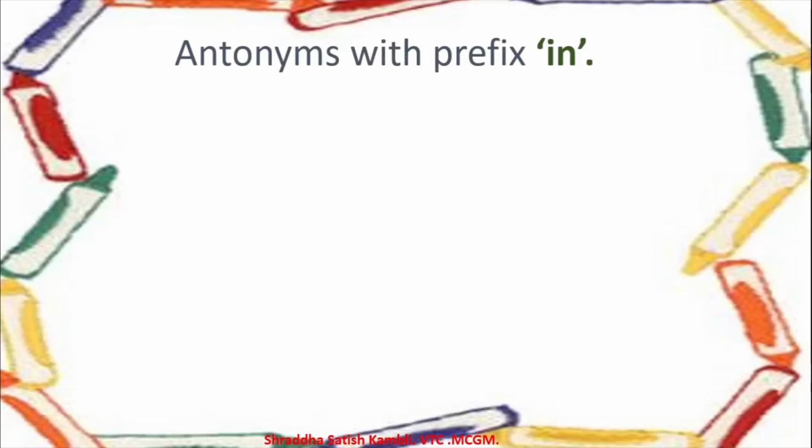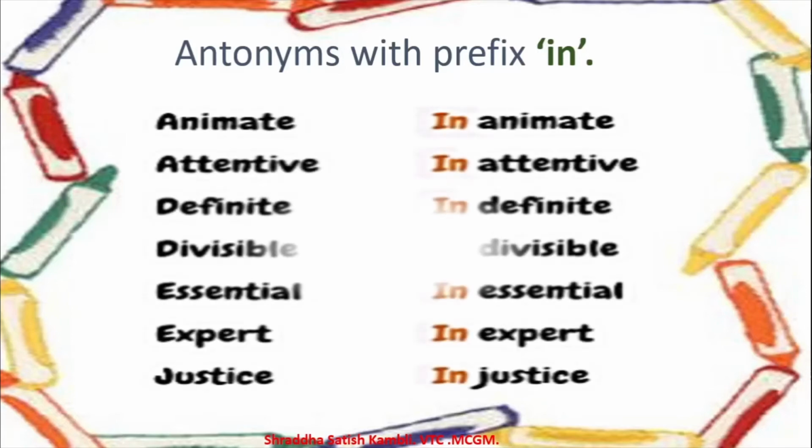Let us take a look at antonyms starting with certain prefixes now. So antonyms with prefix in. So see, you have animate, inanimate. Opposite. Animate means something which is alive, which has got life in it.